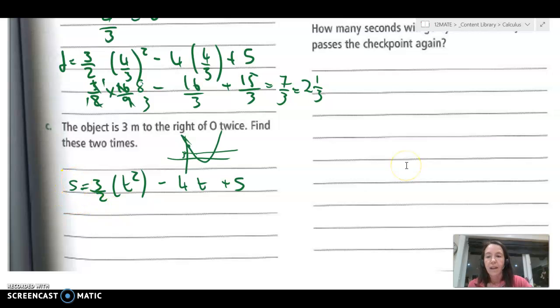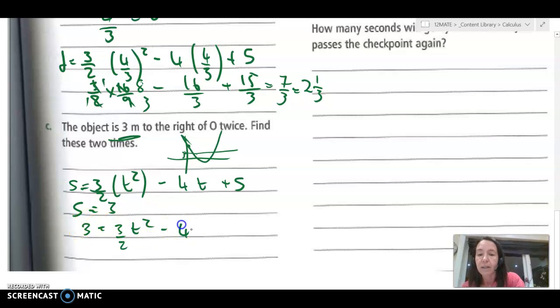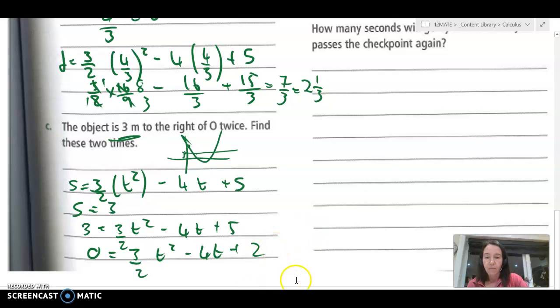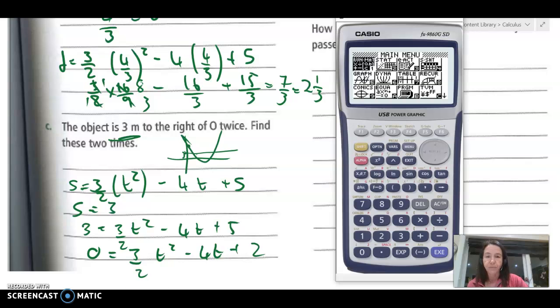And I'm looking for S equals 3 meters, so it's positive. 3 equals 3/2 t squared minus 4t plus 5. So I'm going to take the 3 over, because I always want my quadratic to equal 0, so plus 2. I am going to use my calculator to solve.